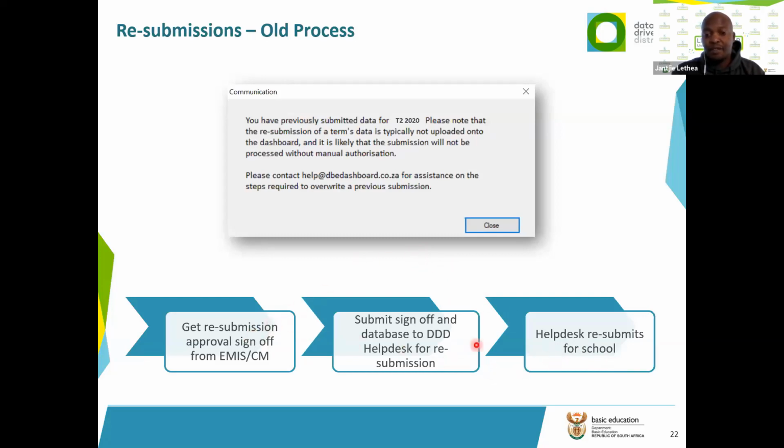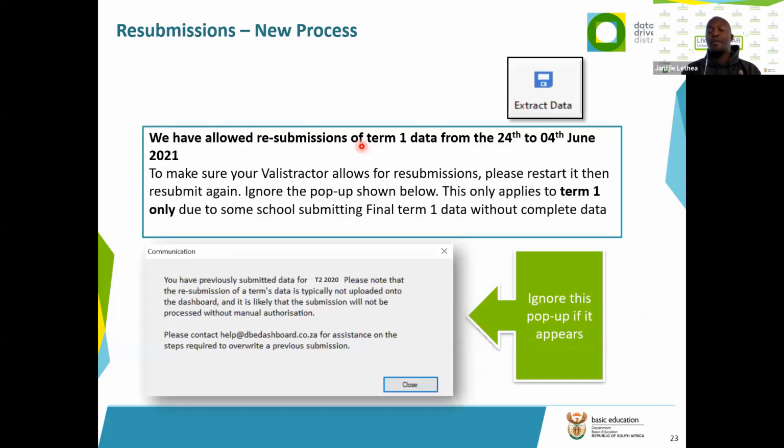This is the process that you follow, because if you attempt to submit, you're going to get this message to say you have previously submitted for term 1 2020, 2021. So it will not allow you to submit. But because of what happened the last time, a provision has been made on behalf of such schools to say they will be allowed the resubmission of term 1 data from the 24th to the 4th of June 2021.